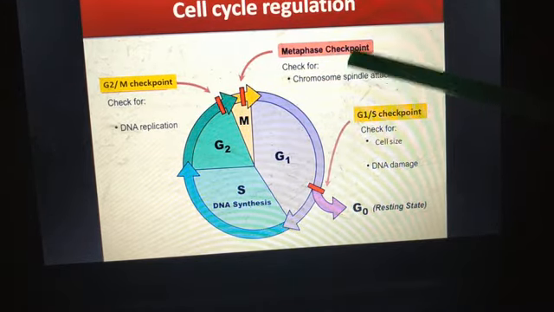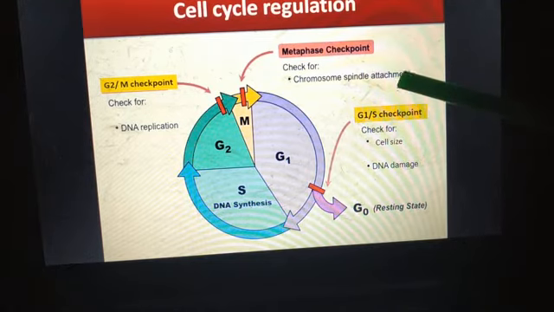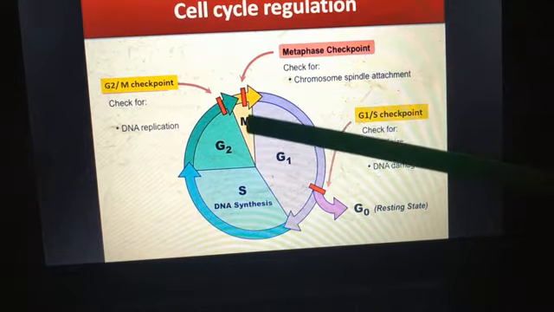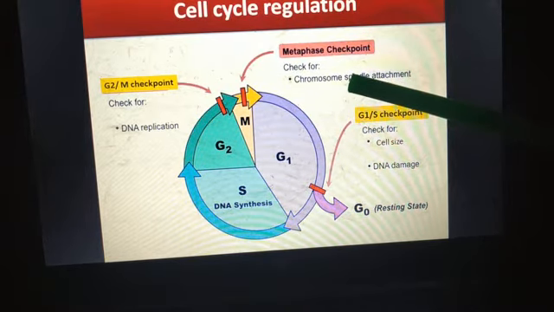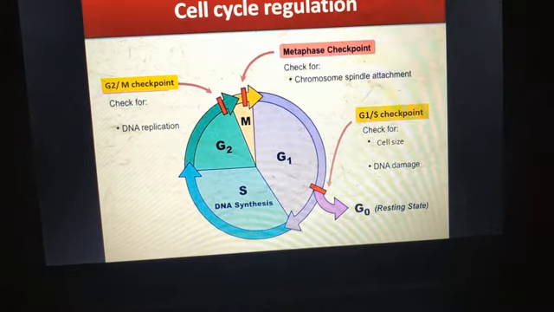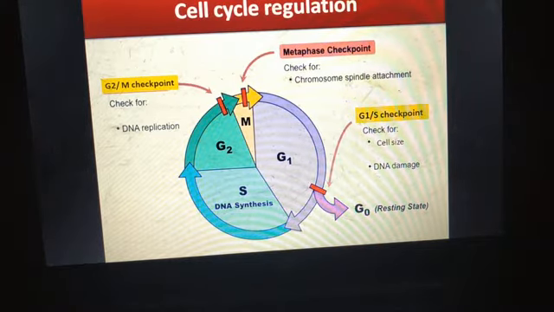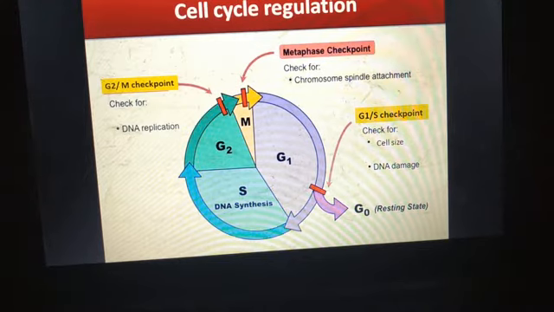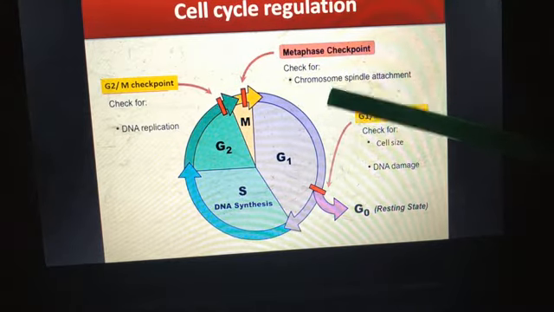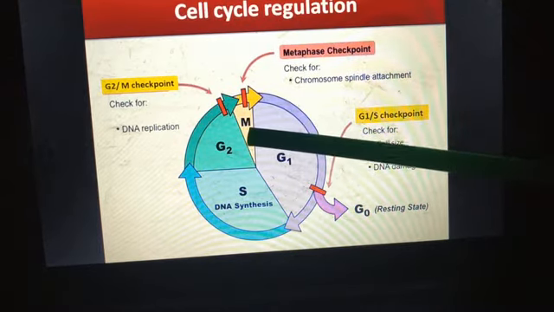Now this checkpoint checks if the spindle fibers are formed properly or not, because we know during M phase, in the prophase stage, spindle fiber formation takes place. It will also check whether the spindle fibers are attached properly to the kinetochores or not, because spindle fibers attach to the kinetochores during mitosis.